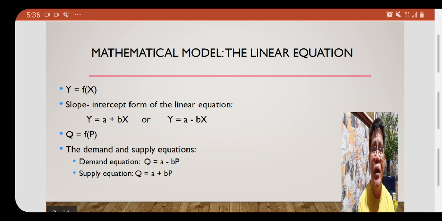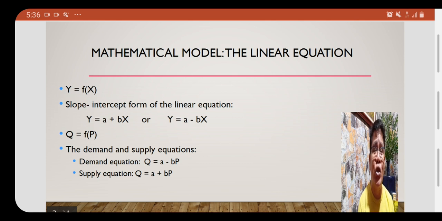So when a linear equation takes a negative slope, then it can already be understood as a demand equation.